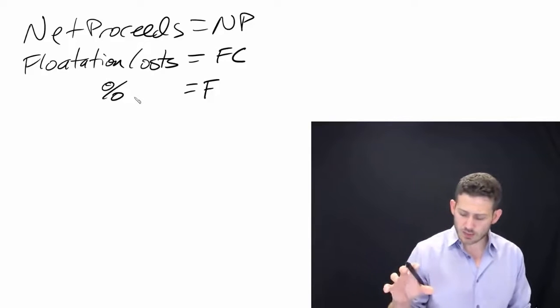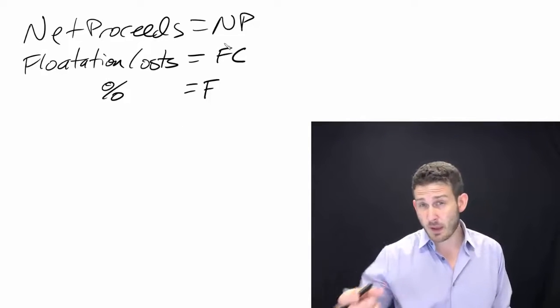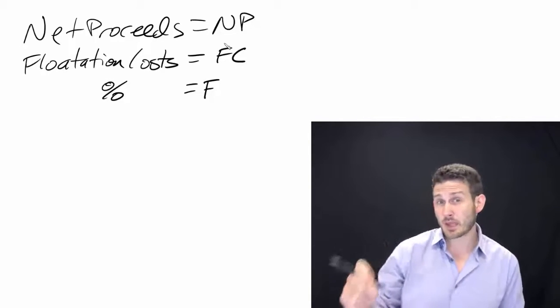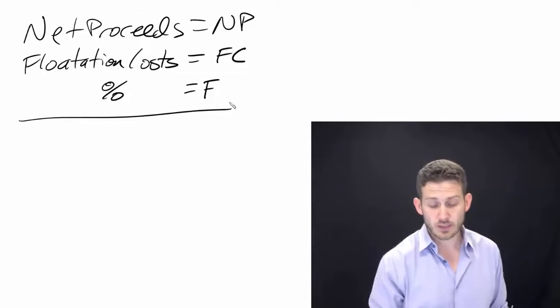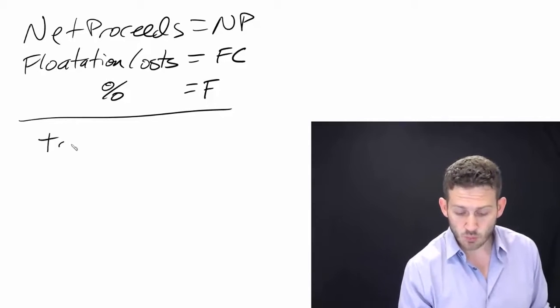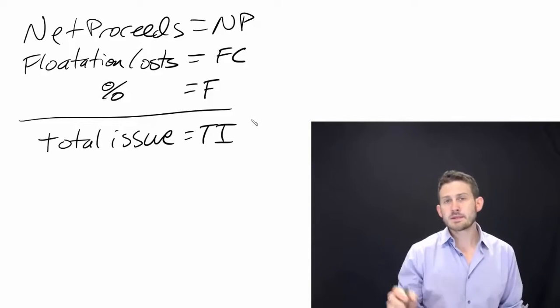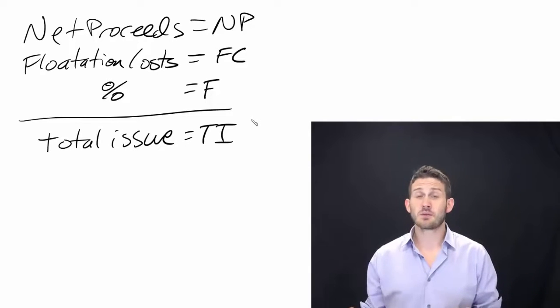So when we look at doing this, we have net proceeds, the amount that I'm actually going to get paid, and then I have to add on top of that the amount I'm paying in flotation costs. That is going to tell me what my total issue is. Because when I look at how much I actually issue, I have to take those flotation costs out of it.